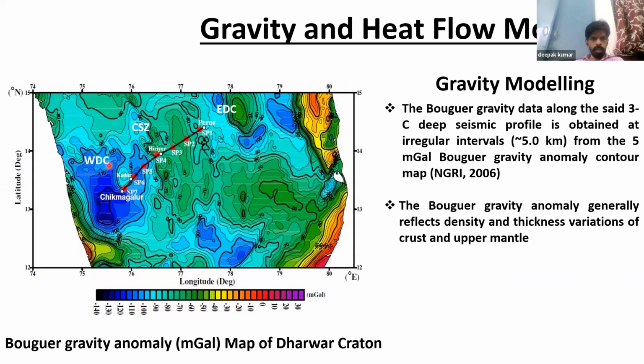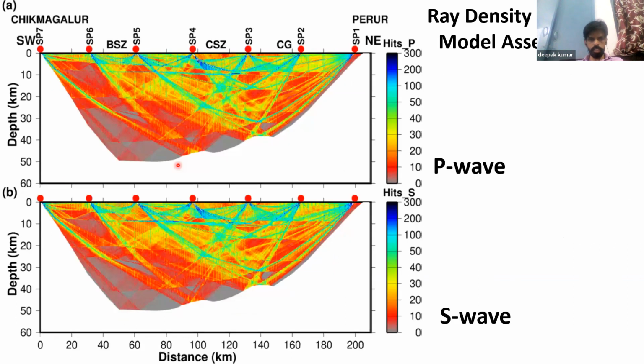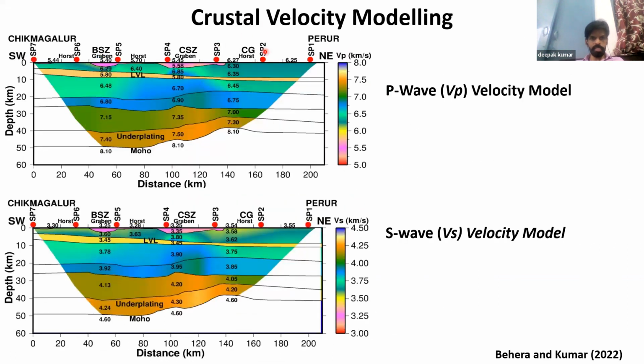And we see Western Dharwad has low gravity anomaly, and Eastern Dharwad has higher gravity anomaly. Though we see that the seismic velocities are lower in Eastern Dharwad, that means density should be lesser in this area, and higher densities are present in Western Dharwad.